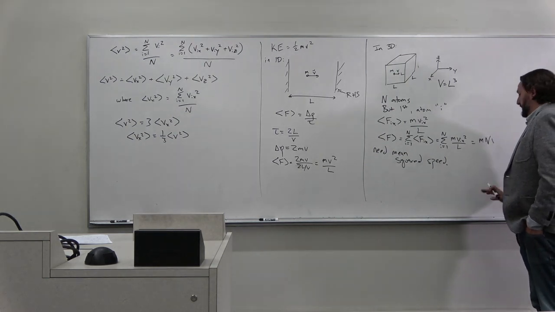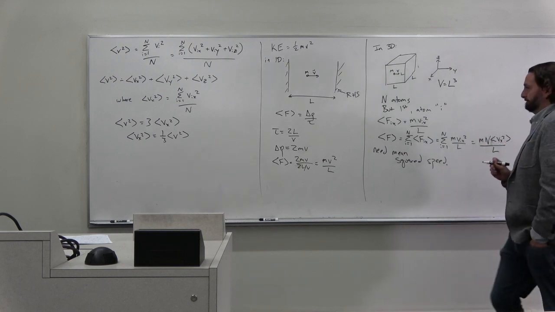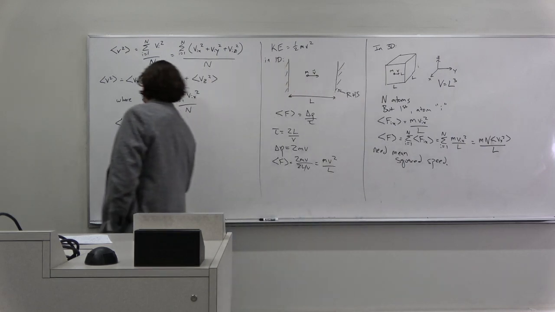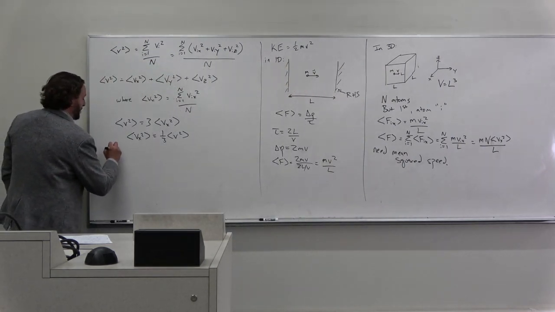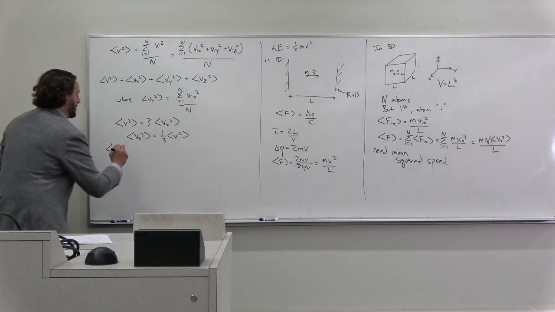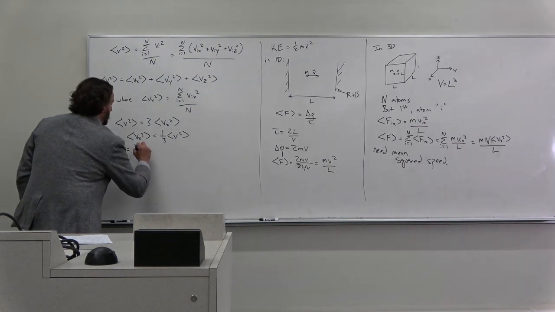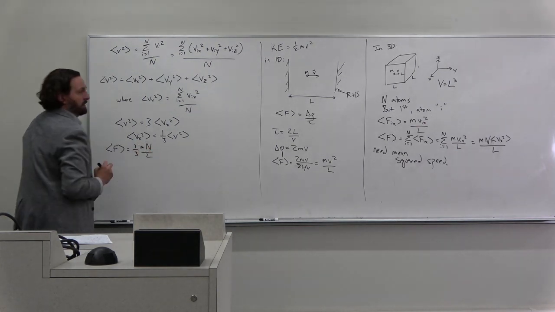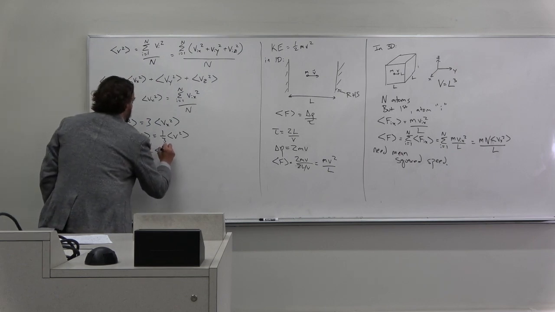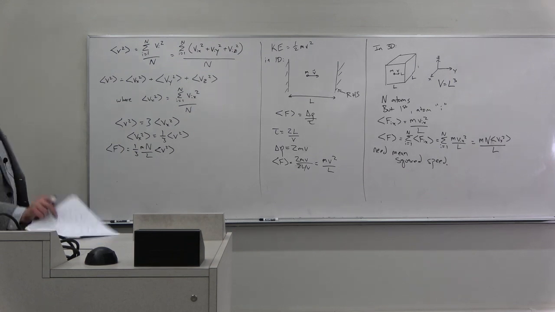And then you get this average that we had over here, Vx squared over L. So our average force is now 1/3 m n over L v squared. Perfect.